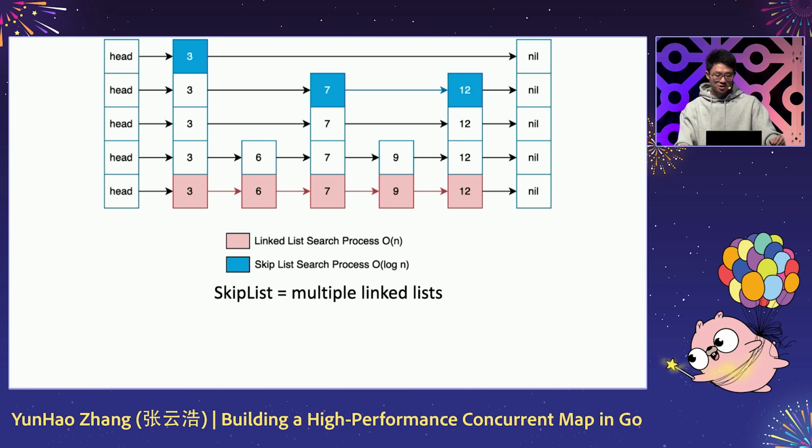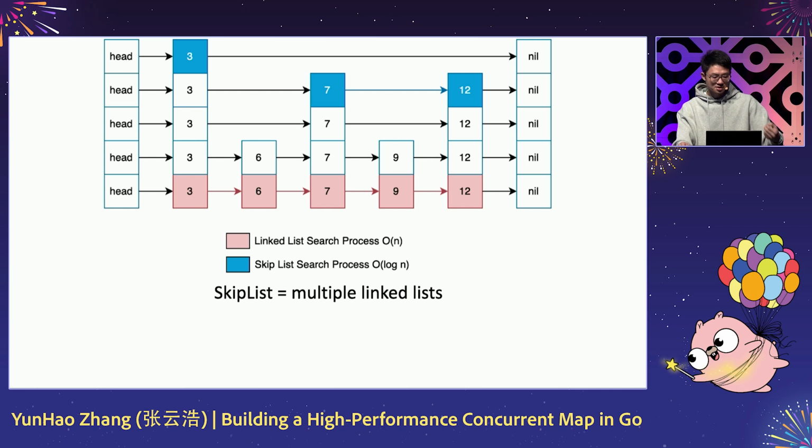There's another widely used data structure called skip list. The skip list is similar to the sharded map. Well, the sharded map is just a bunch of maps. It's just a bunch of read-write mutex maps. The skip list is just a bunch of linked lists. The skip list has multiple layers. Each layer is a linked list.